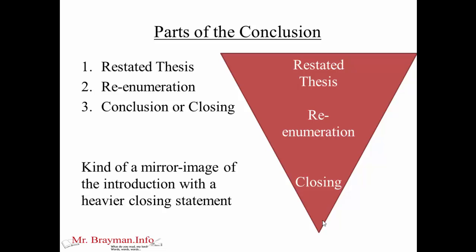So by reviewing the enumeration and going through those main ideas again, you show your audience how everything connects, right? Because you restate the thesis and go through the big ideas again, the reader can see what the big picture is, after really focusing on the details for the last 2 to 10 paragraphs worth of argument or information that you've gone through.